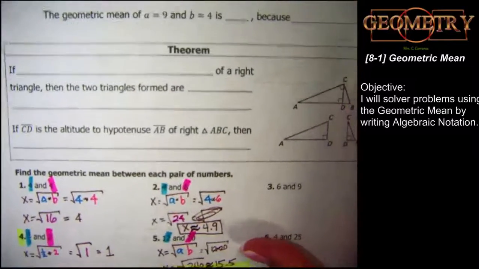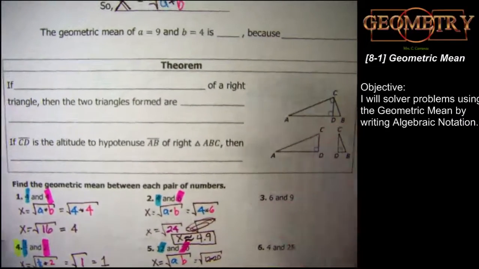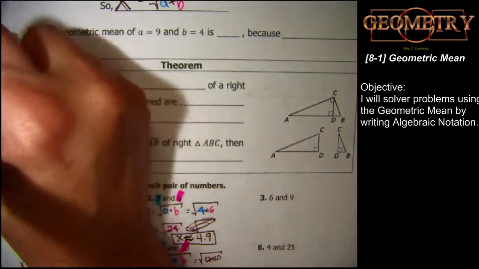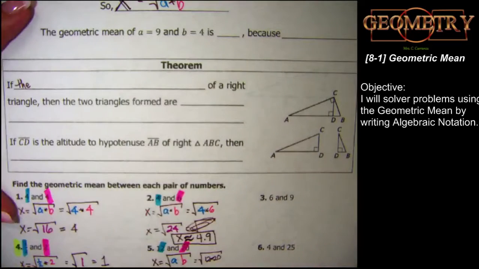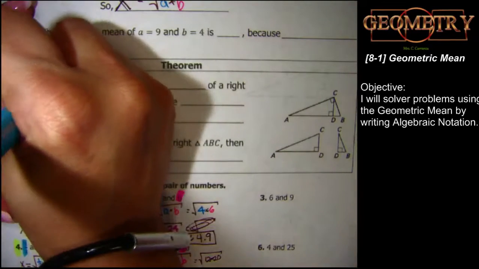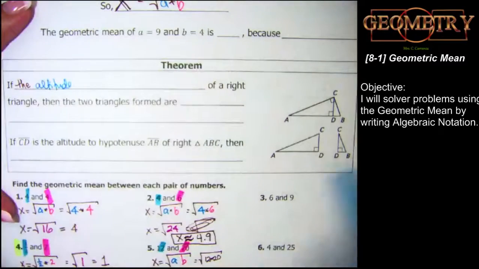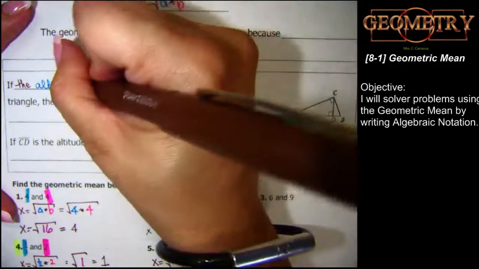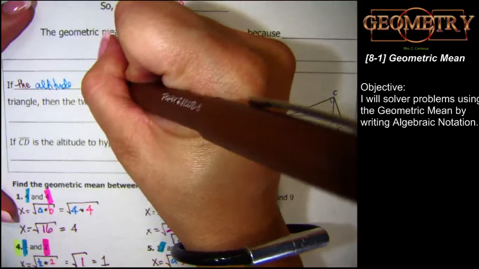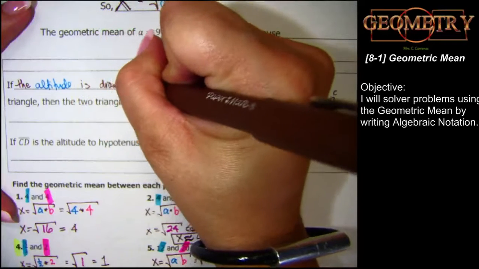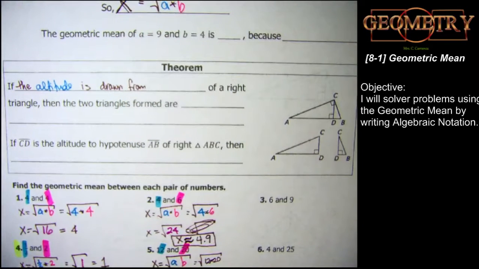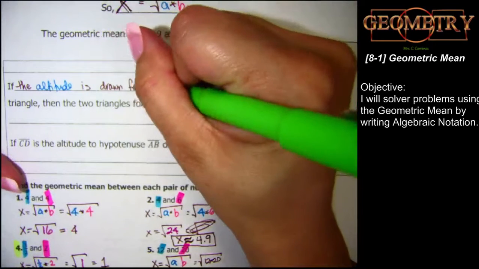All right. Before we flip to the back, we have one theorem to go over. So we're going to jump back up here to look at the theorem. If the altitude is drawn from the hypotenuse of a right triangle.